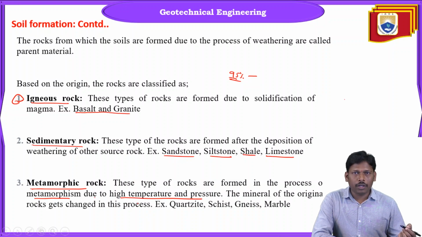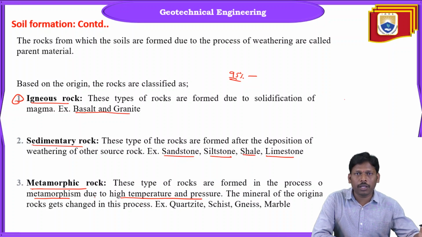If due to the action of high temperature and high pressure, some new deposit forms from the sedimentary or maybe from the igneous, that newly formed rock we call metamorphic.